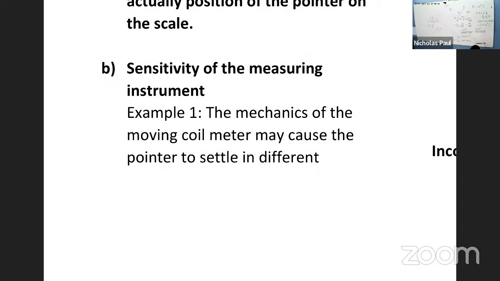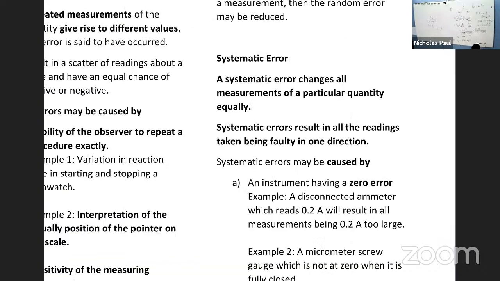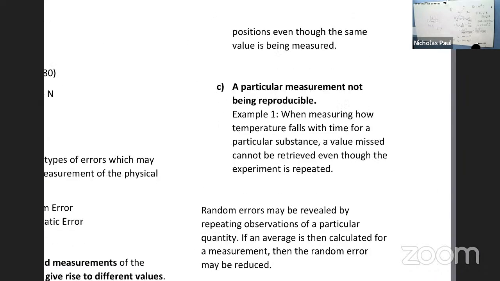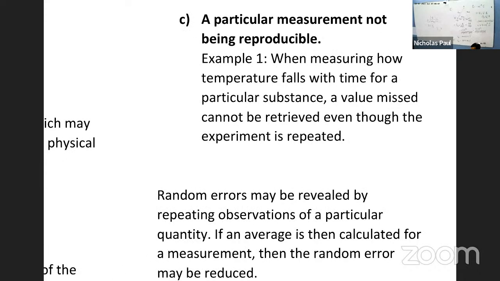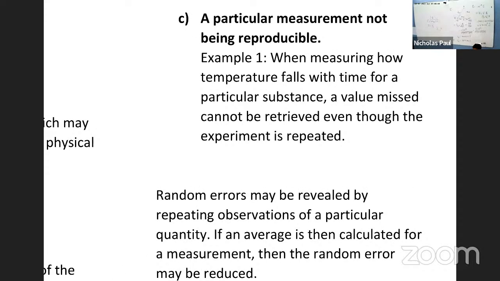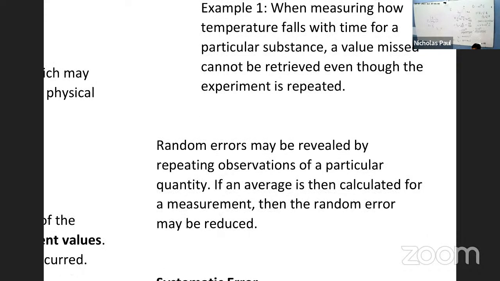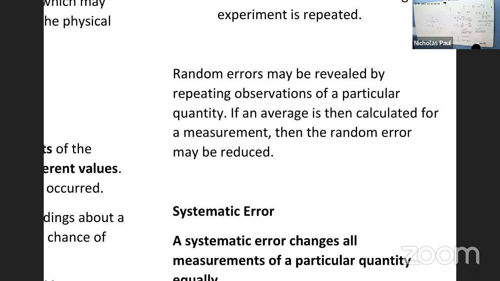For example, the mechanics of the moving coil meter may cause the pointer to settle at different points. C, a particular measurement not being reproducible. For example, when measuring how temperature falls with time for a particular substance, a value missed cannot be retrieved even though the experiment is repeated. So you wouldn't be able to get that exact reading.